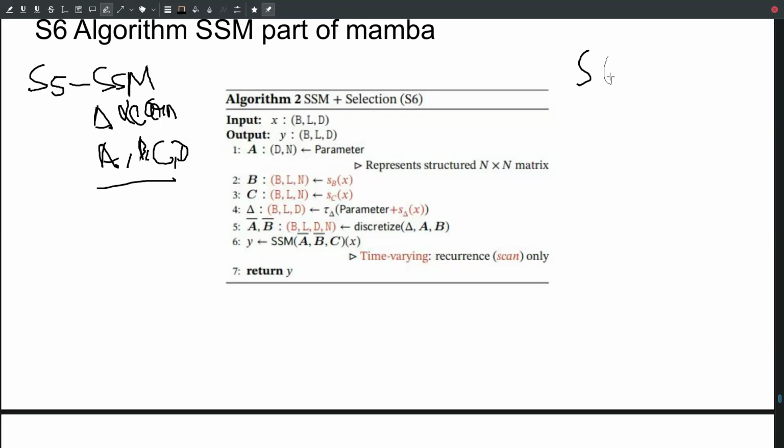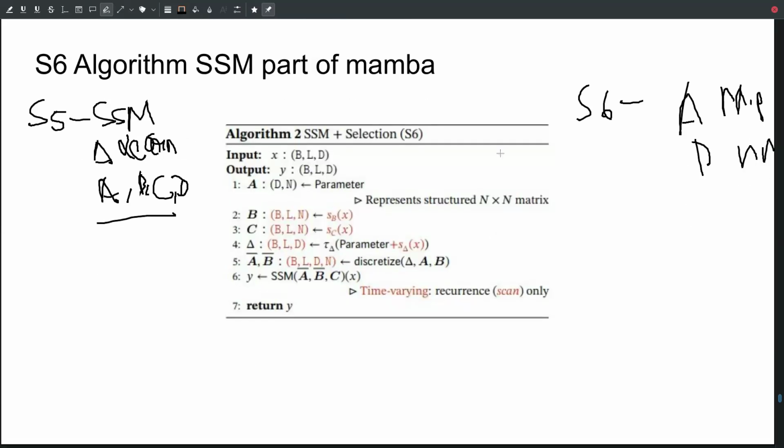But in S6, you have an A, which is learnable, some kind of nn.Parameter, and D, which they didn't mention here, but in the practical implementation of the paper they also made D an nn.Parameter, and B is a linear projection of the input, C also being a linear projection of the input.